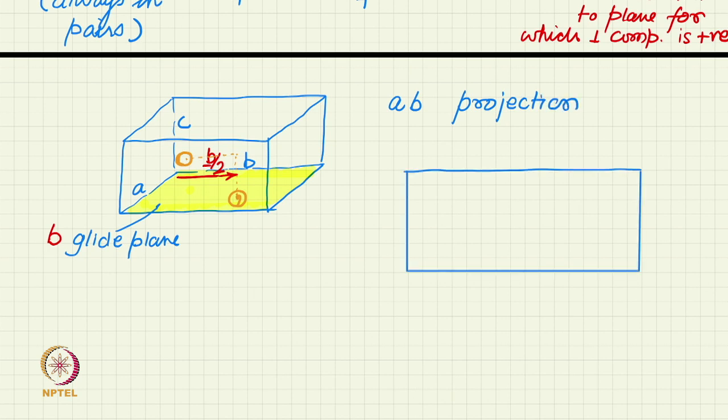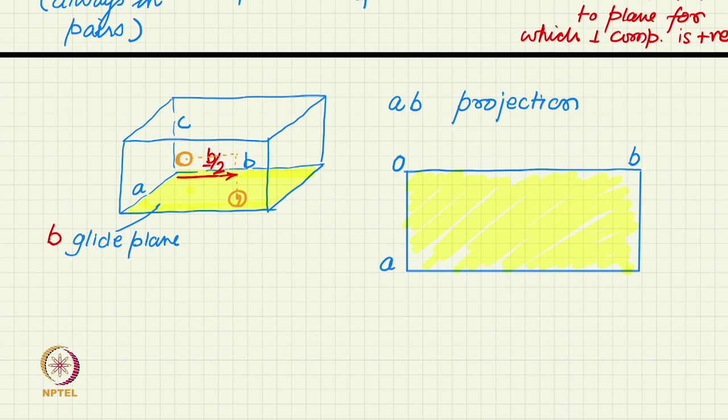So, this is my glide plane, and I am projecting in that plane itself. Let us say this is A and this is B and this is the origin.